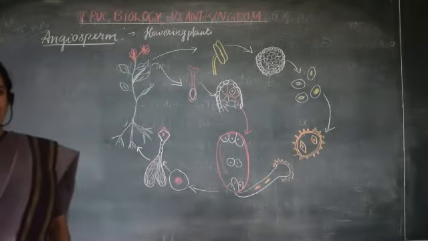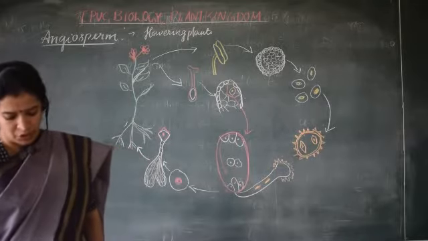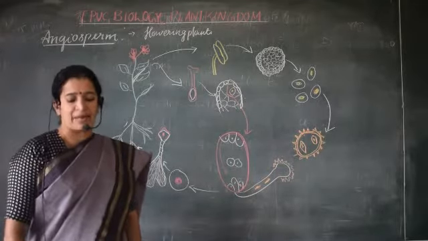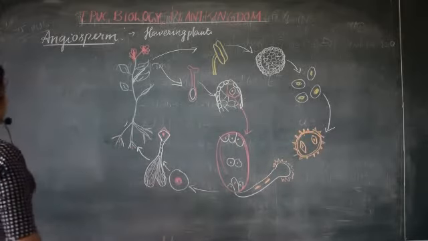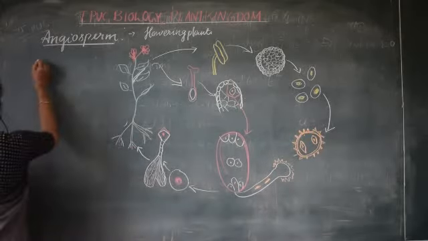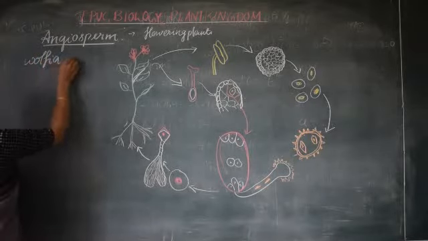Now angiosperms are an exceptionally large group of plants which occur in a wide range of habitats, and they range in size. I just want to name the smallest plant as well as the largest plant.